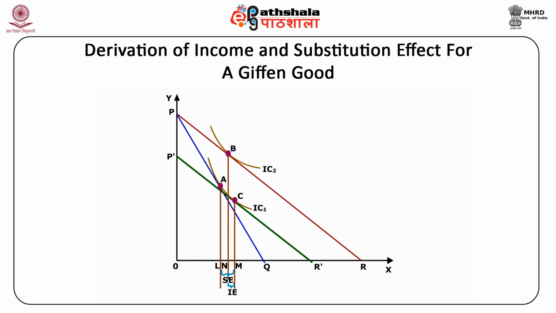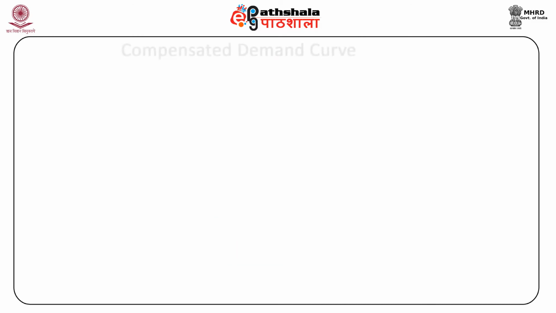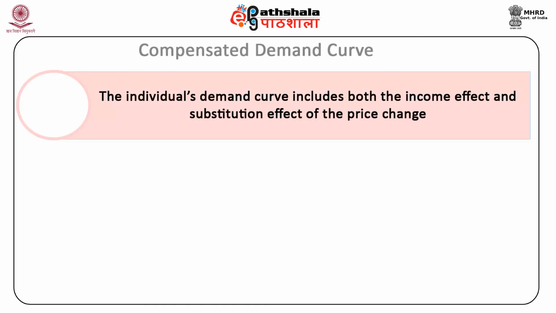In the previous section, we discussed the derivation of the ordinary demand curve for an individual consumer from the price consumption curve. We saw that the individual's demand curve includes both the income effect and substitution effect of the price change.